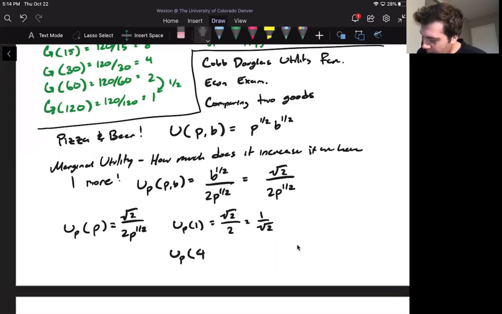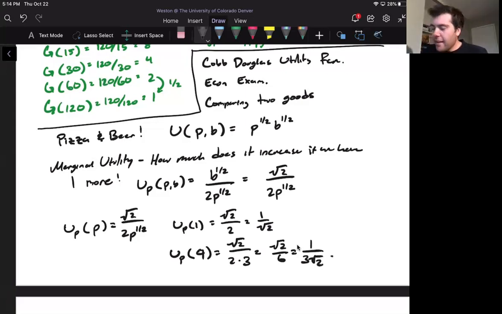If I've had 9 pieces already, then we get the square root of 2 over 2 times 3, which is the square root of 2 over 6, which equals 1 over 3 root 2. So it's saying that my utility is going to be a third as much at that 9th slice as it was at that first slice.